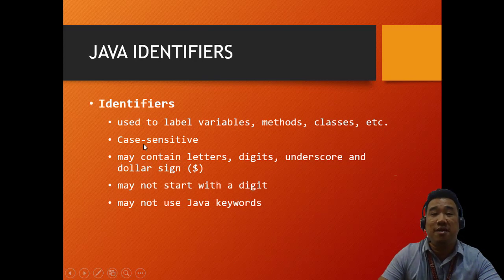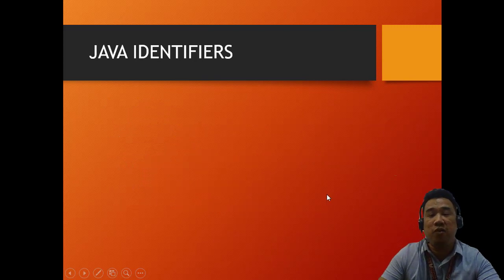When we say case sensitive, capital letter H in Hello is not equal to small letter h in hello. If your class is Hello with a capital letter H, then when you save it, it must also be a capital letter H. Clear? Identifiers may contain letters, digits, underscore, and the dollar sign. Importantly, they may not start with a digit, and they may not use Java keywords. Please review our Java keywords.